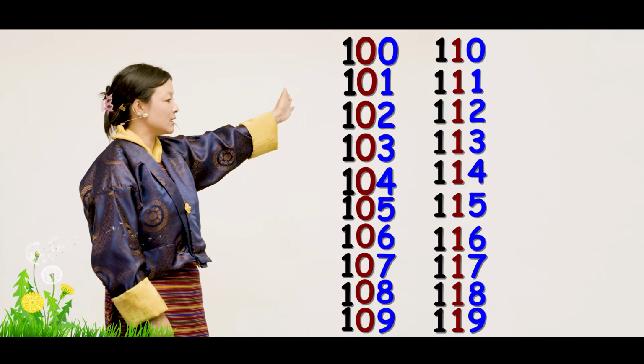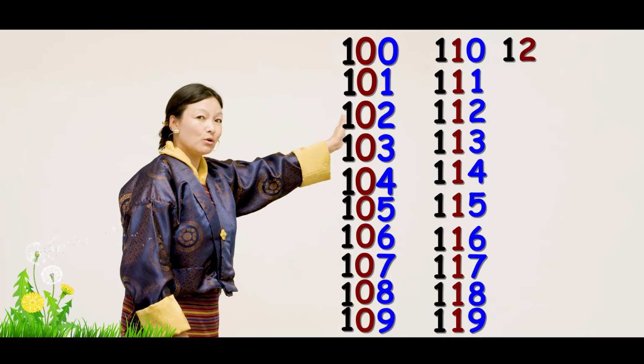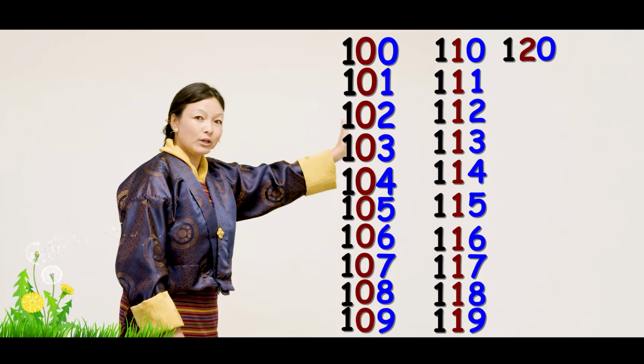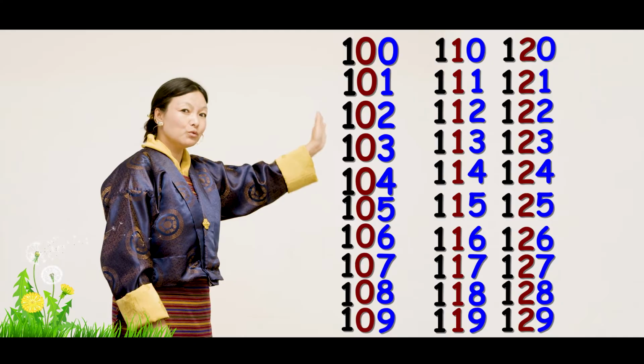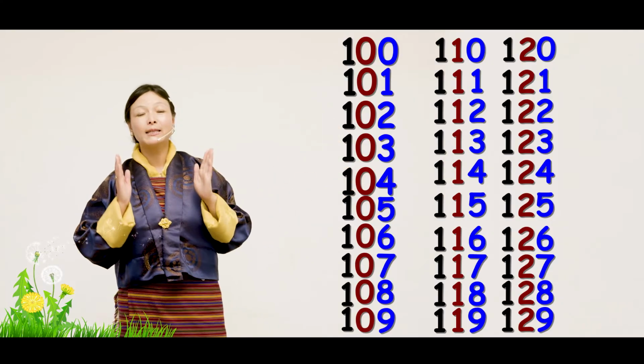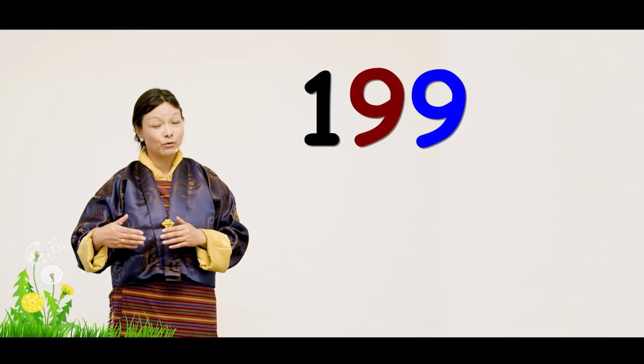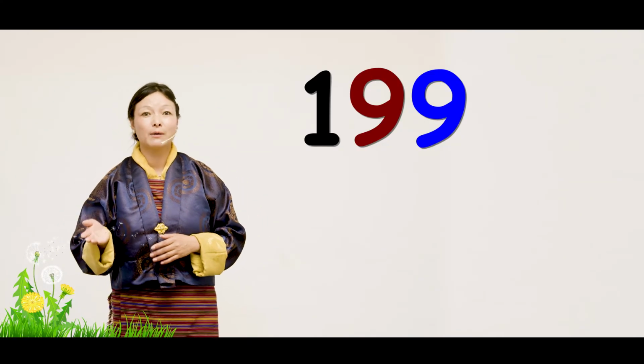So when you write 120, you have to write 120. Till you reach 199, you have to follow the same pattern that you followed when you wrote the numbers from 1 to 100.